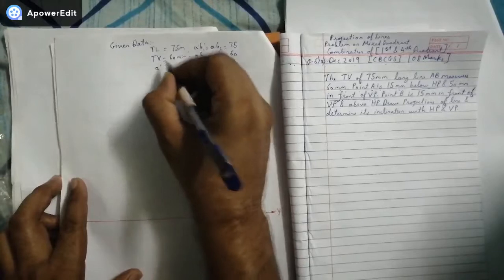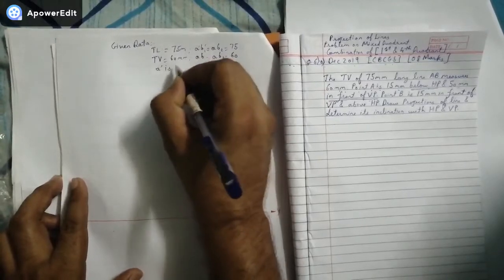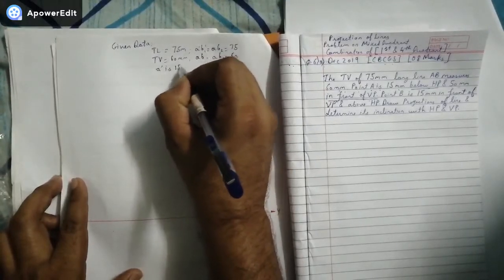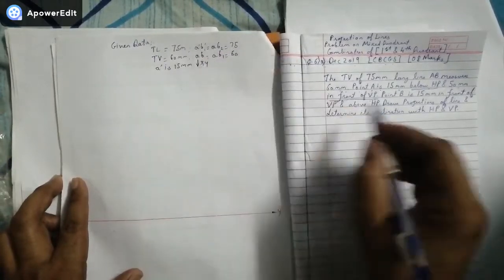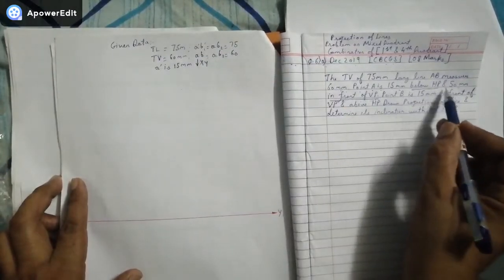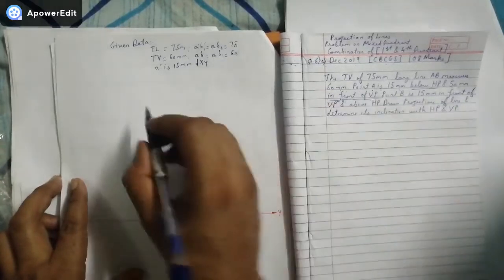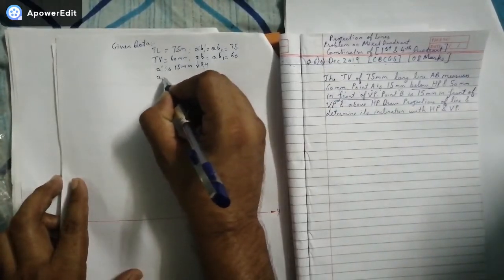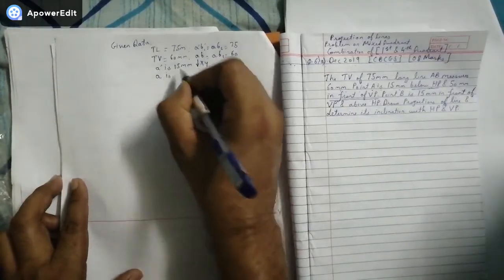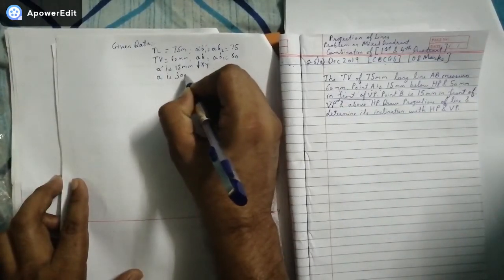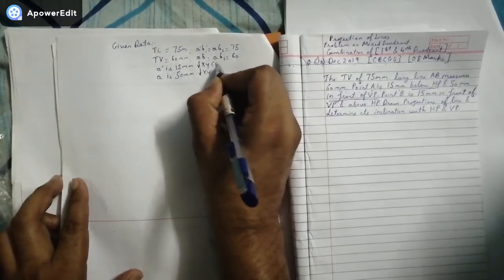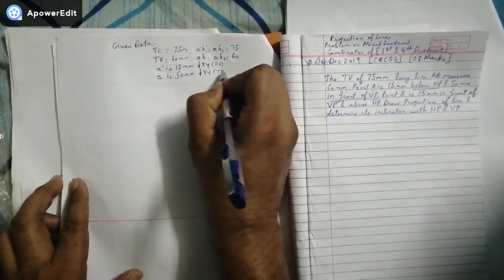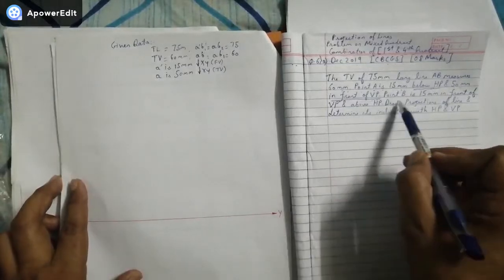A dash, the front view of the point, is 15 mm below the XY line, and A is 15 mm in front of VP. That means the top view, that is A, is 50 mm below the XY line. This is the front view of it, and this is the top view of that point.